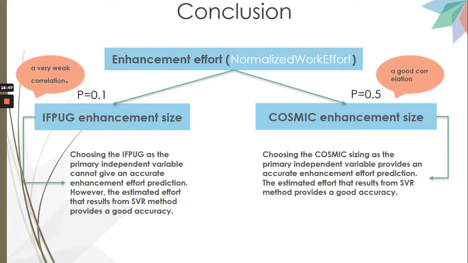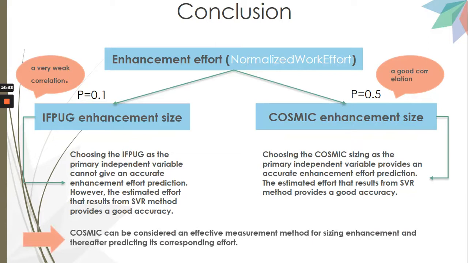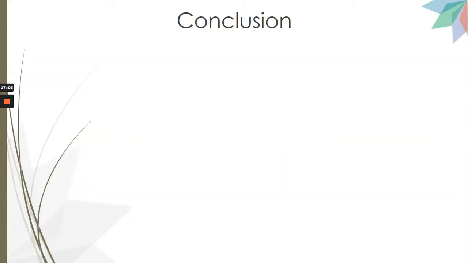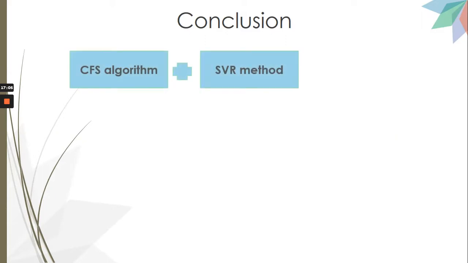The estimated effort that results from the support vector regression method provides good accuracy. So COSMIC here can be considered an effective measurement method for sizing enhancement, and therefore predicting its corresponding effort.